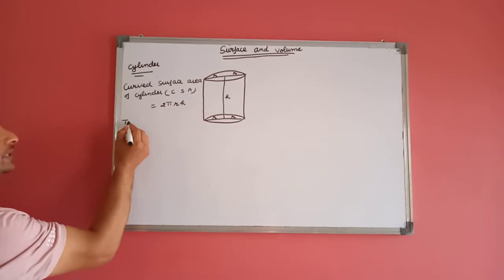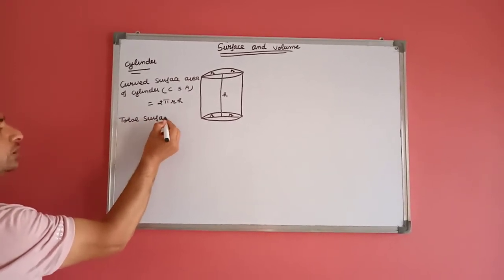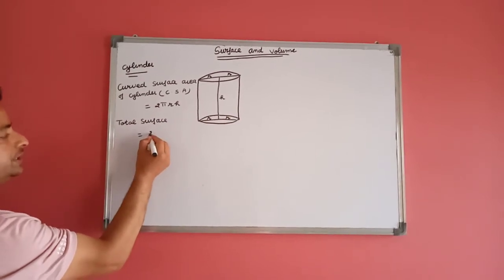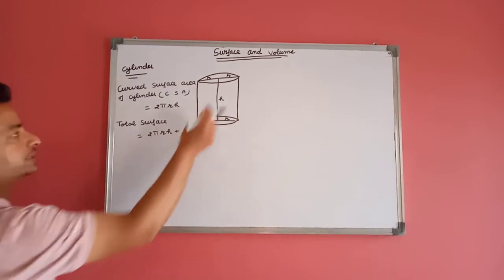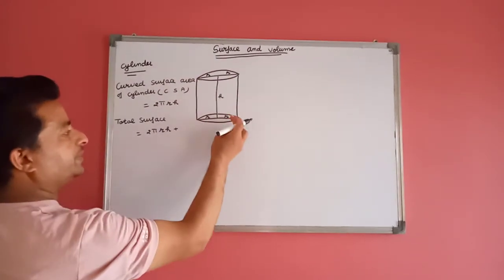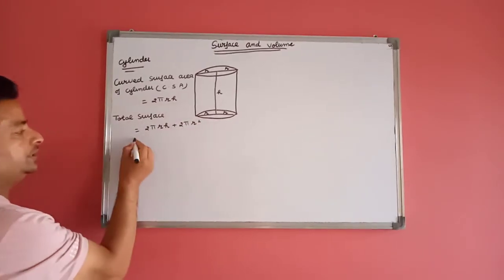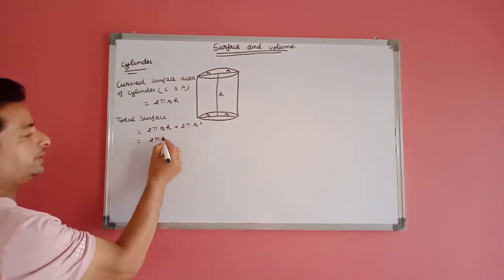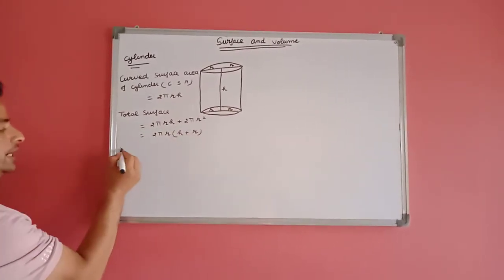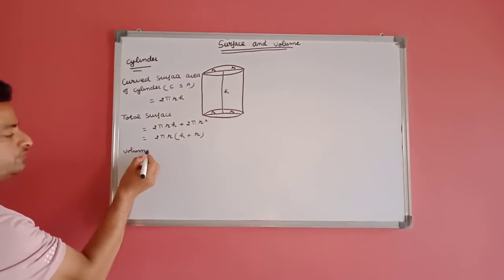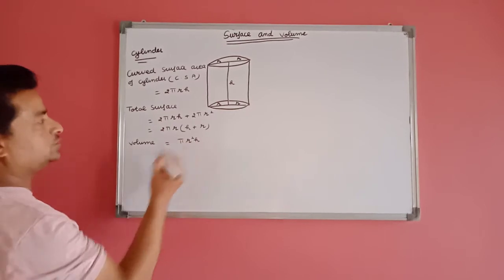The second one is total surface area, which is equal to 2 pi r h plus area of the upper base and lower base, that's pi r square plus pi r square, equals 2 pi r (h plus r). And the third formula is volume of cylinder, which is pi r square h.